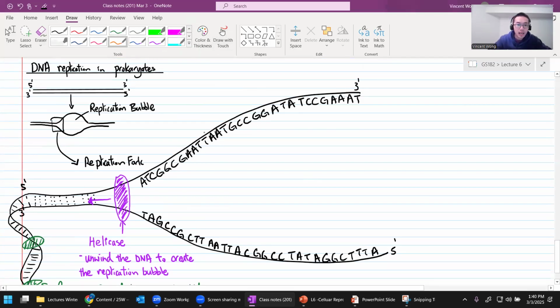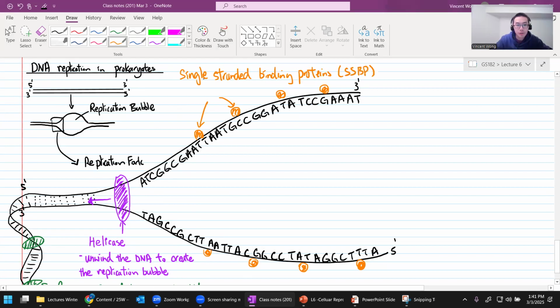And so we're gonna have additional proteins here. These are called single strand binding proteins. Okay?